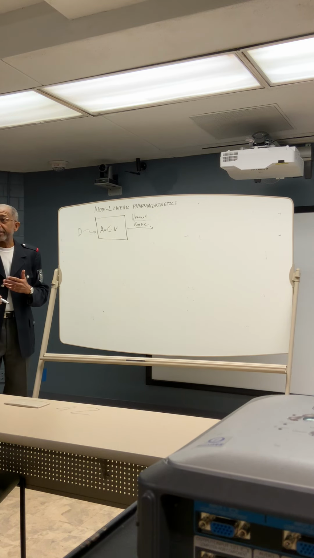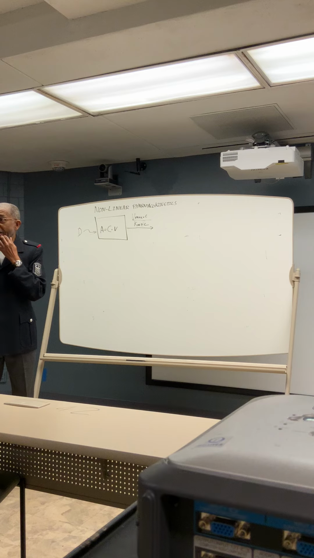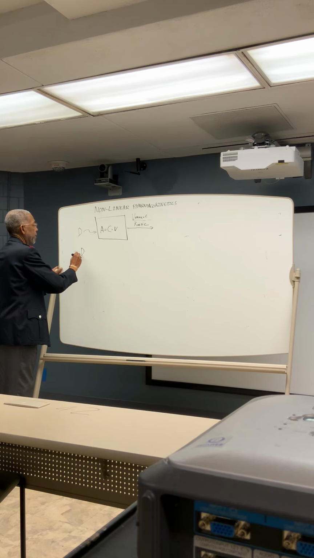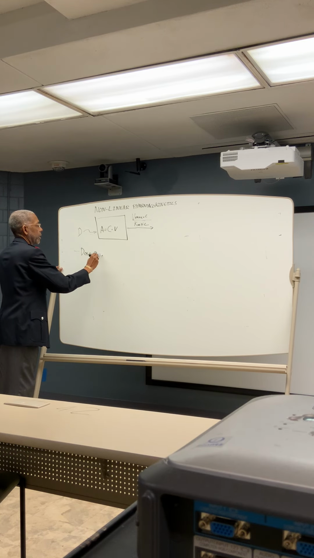nonlinear pharmacokinetics. Nonlinear pharmacokinetics is also referred to, you'll hear me say, dose-dependent pharmacokinetics sometimes. They mean the same thing. Again, this is in chapter 9, and the title of that chapter is nonlinear, but if you hear me say dose-dependent pharmacokinetics, don't get bent out of shape.